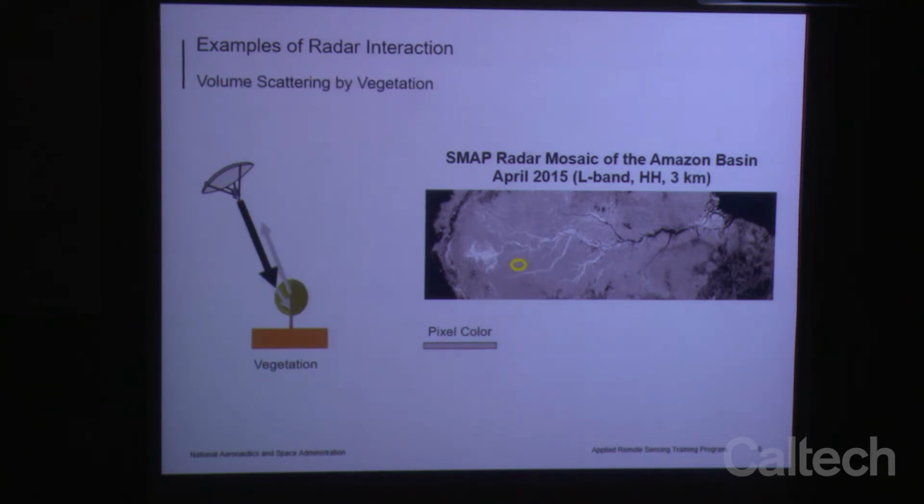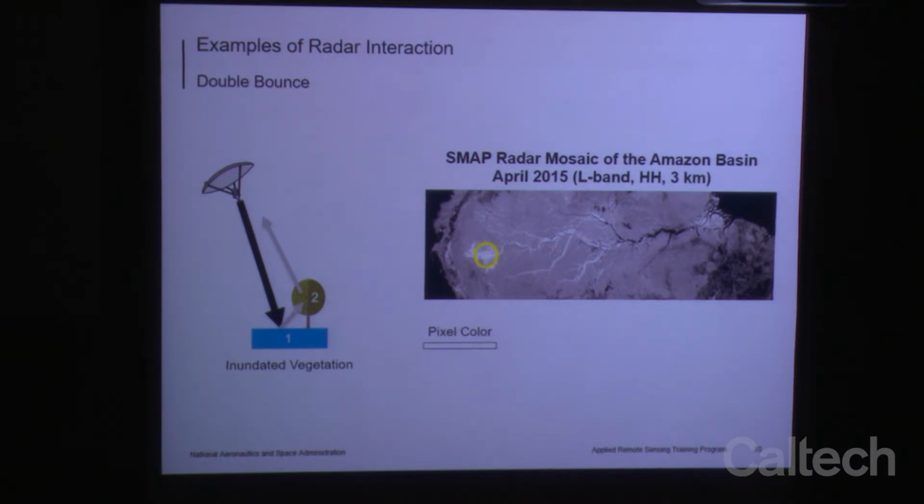Then for volume scatter, especially when you have forests like you have in the Amazon, you can get a significant amount of energy that interacts with vegetation volumes and then comes back, and those are a little bit brighter still. This is a volume scatter mechanism. And then for the double bounce, what you're seeing here are these bright areas which have basically inundated areas underneath vegetation canopies.